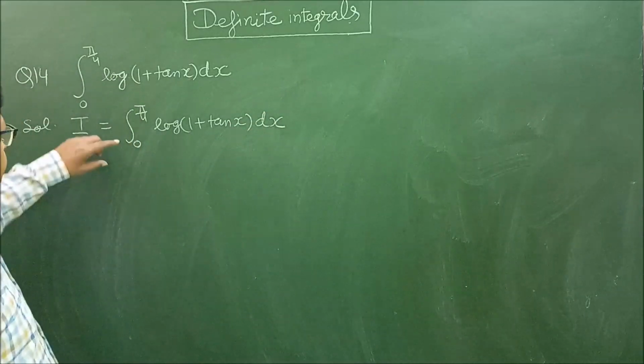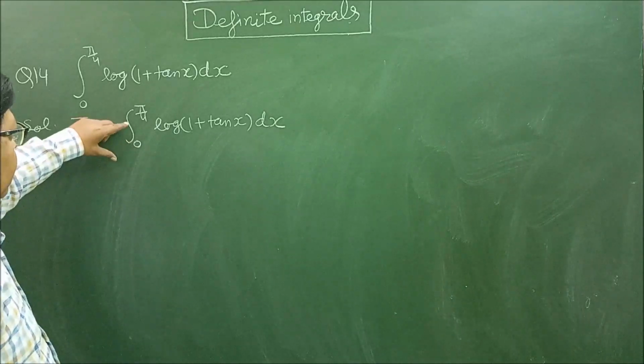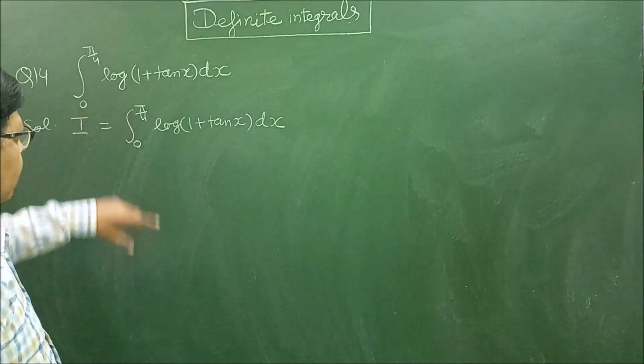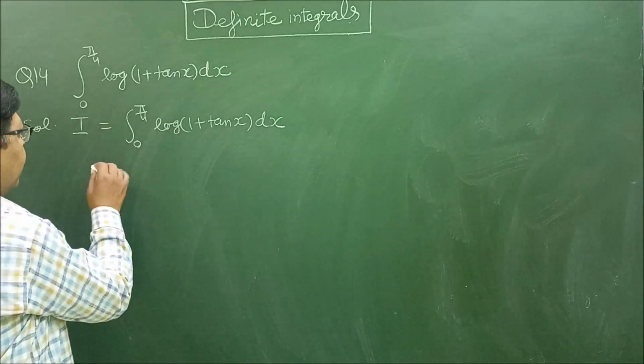Now from this definite integral, it is clear that we should apply here the property: the integral from 0 to a of f(x) dx is equal to the integral from 0 to a of f(a minus x) dx.